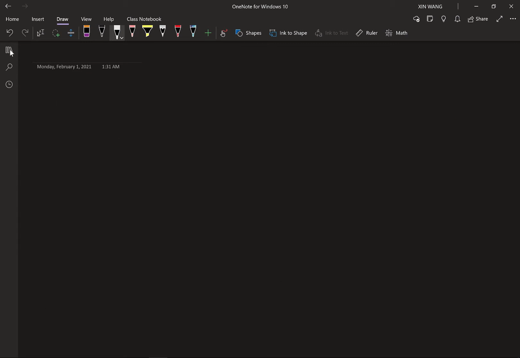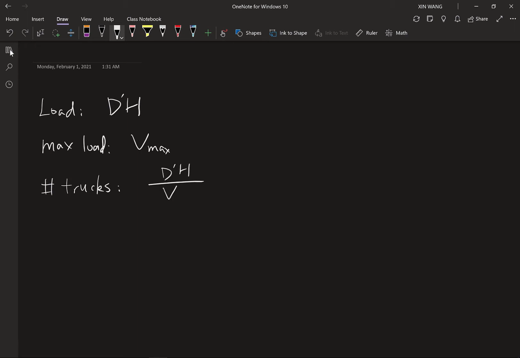In the general case, the load each time we dispatch is d prime h. We have a maximum load of the truck, V max. Then the number of trucks is the load we dispatch divided by the max load. This may not be an integer, so if it is not, we round it up to the next higher integer.